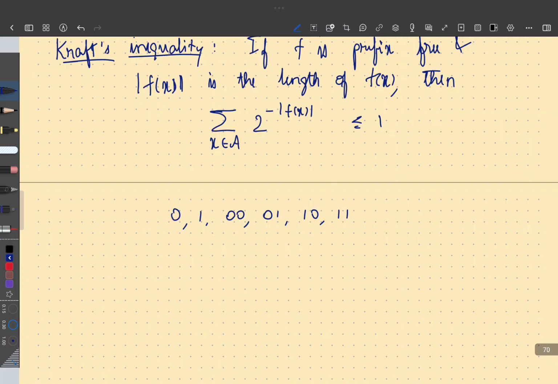I'm not even taking all possible infinite strings, just these 6 strings. Let's compute 2 to the minus the length of f of x. What would that be? Yeah, so you have half plus 1/4 plus 1/4 plus so on, you get 2. So the prefix property is necessary. If it doesn't satisfy the prefix property, then you don't have this guarantee anymore.